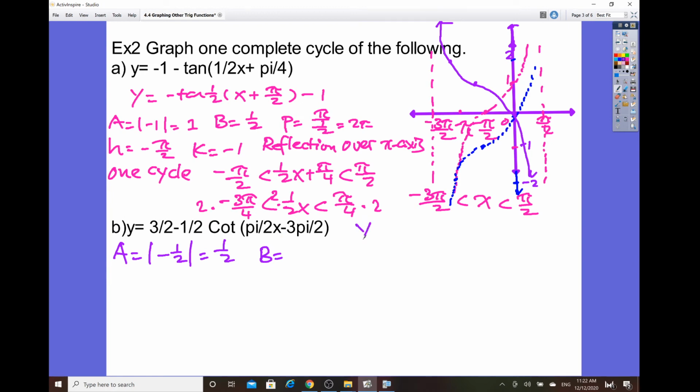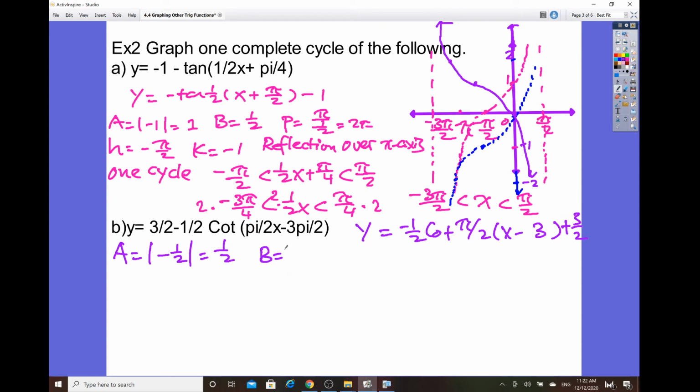So let's just rewrite it. So it's y equals negative 1/2 cotangent. So for that, pi over 2 is the value of b. So let's pull that out. So pi over 2 times x minus, well, this one is 3 pi over 2, so what's left here is just minus 3. And then don't forget the 3 halves.